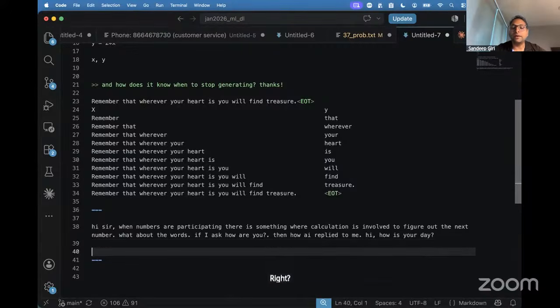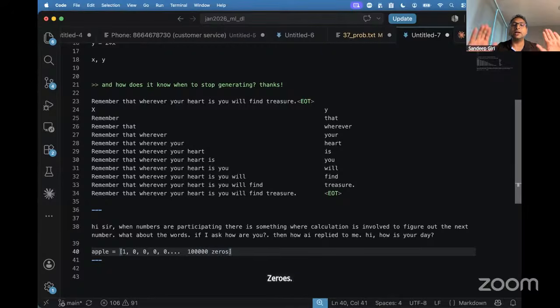So every word gets converted into an array of numbers. Let's say apple is 1, and then 0, 0, 0, 0, and 10,000 zeros.